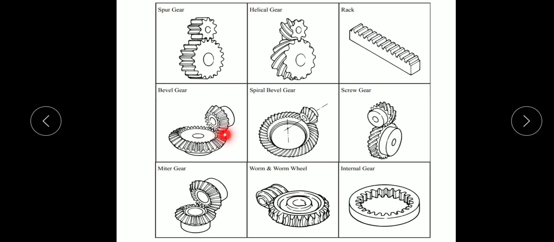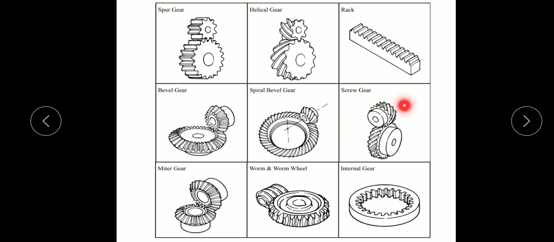This is the working of a bevel gear. If the teeth are parallel, so straight, this is known as straight bevel gear. And if the teeth are in a curved shape like this, you can compare these two. These are in curved shape, and are known as spiral bevel gear.